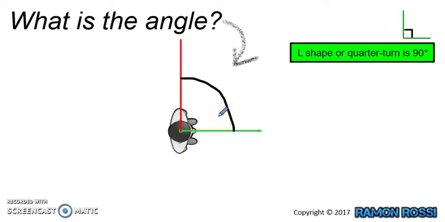But with a right angle, and this one is a special one, the one that is an L shape, there is a special way to show it is a right angle, and that is by putting this in the corner, so that it looks like a little square. We didn't have to draw these two sides because they're already there. We just had to draw these two here, and that is showing that it is a right angle, or 90 degrees. Or another way to say it, it's a quarter turn.